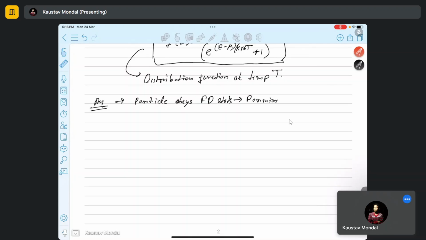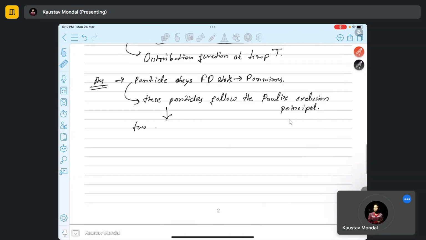So these particles follow the Pauli exclusion principle, which indirectly says that two identical fermions cannot occupy the same energy state.